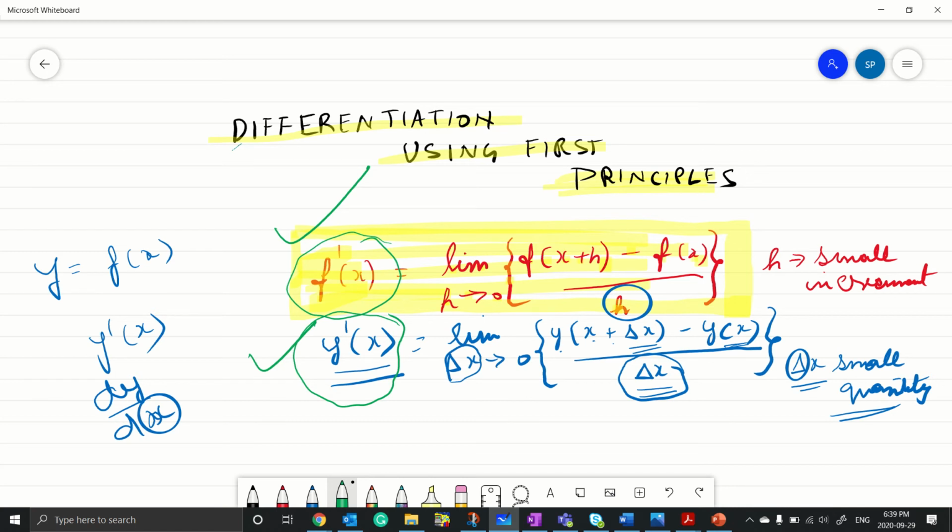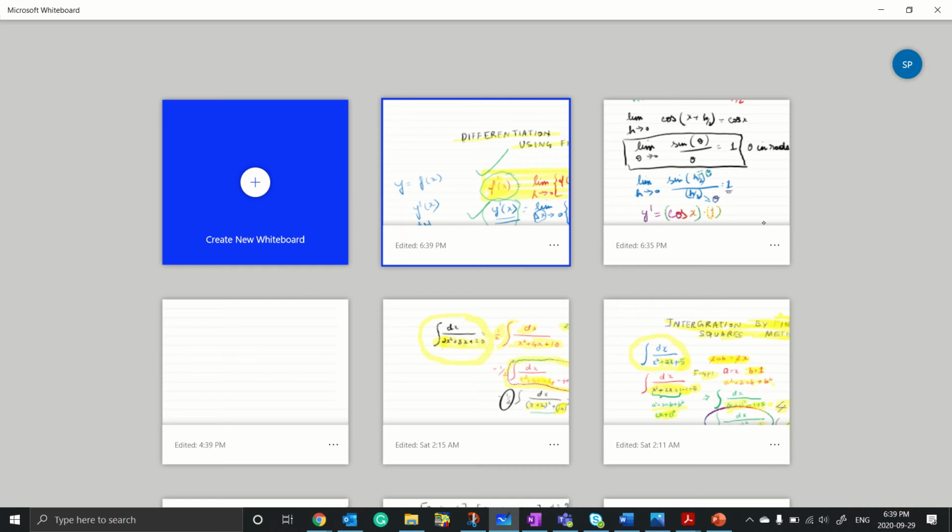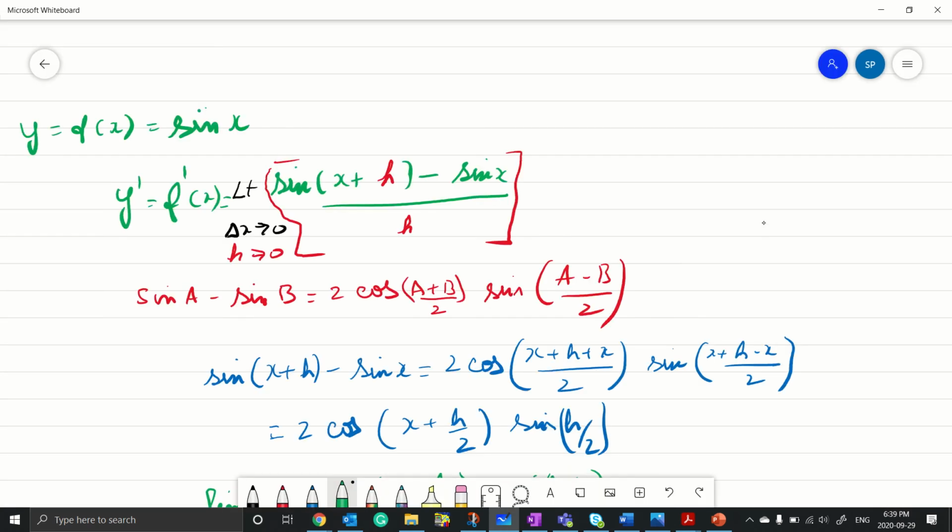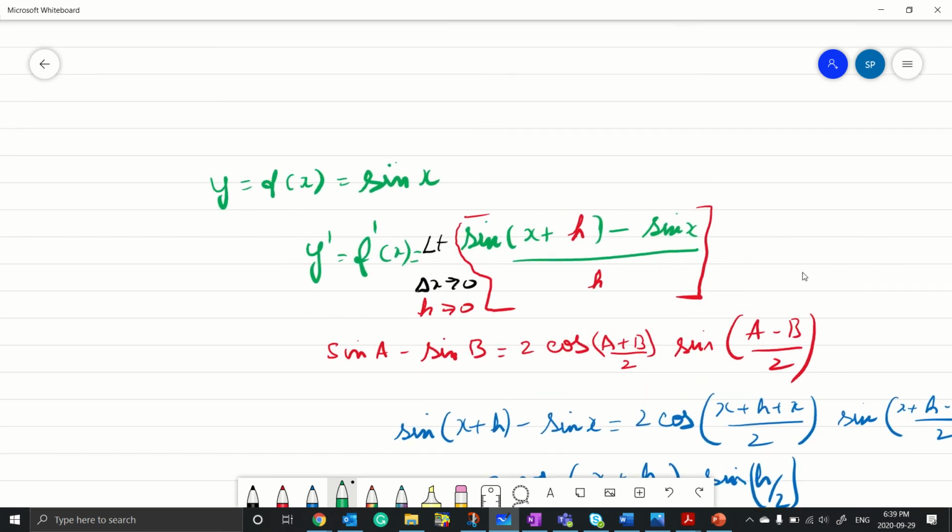All right. Based on this, we are quickly going to derive one of the formulas, and that formula is y equal to sin x.